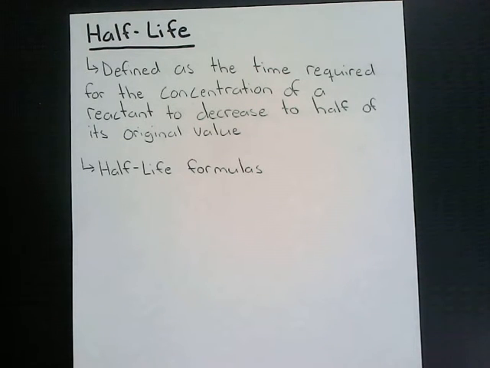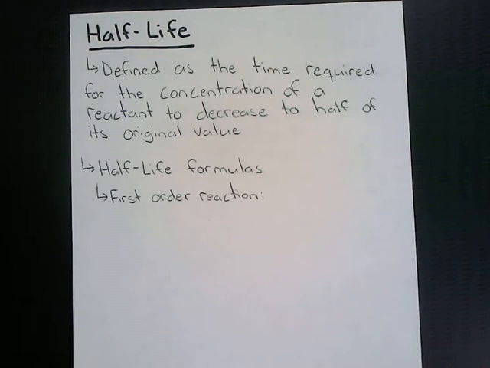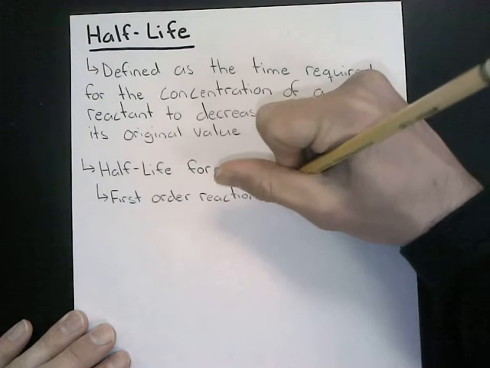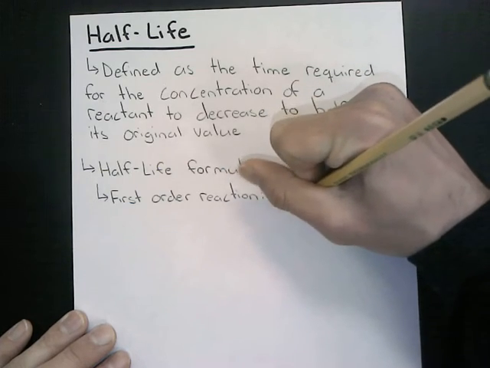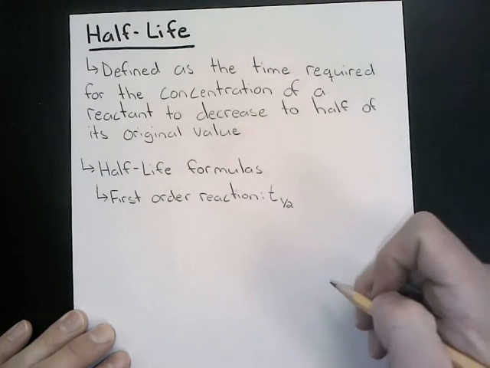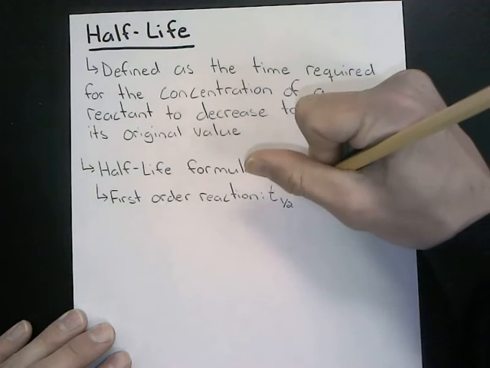So the first formula that we're going to talk about is for a first order reaction. The formula for the half-life is going to be T for time, and we put this sub half to represent half-life.